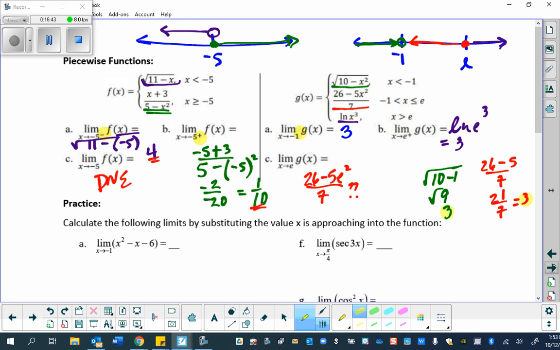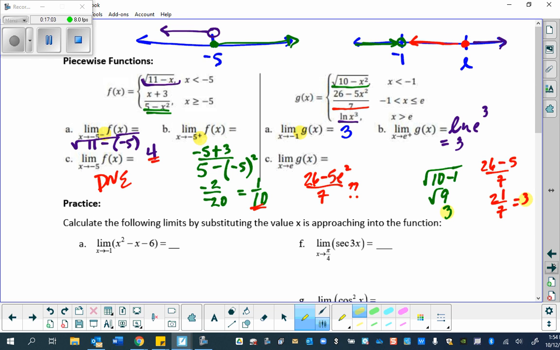And then we get these piecewise functions where during different pieces of the function, it's a different rule. So we have to think really carefully about what the input values are giving us. And if we wind up with different outcomes, then that limit does not exist.